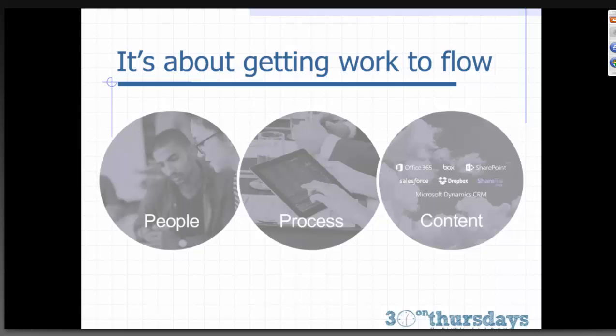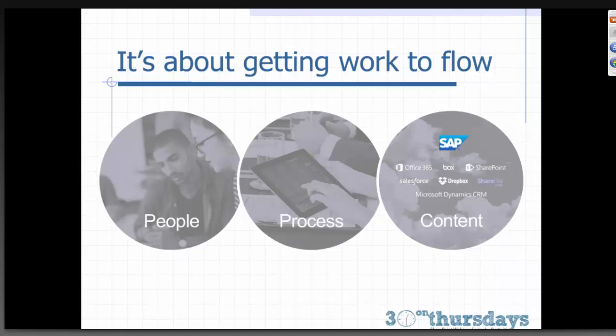You have Office 365 and Box.net and Salesforce and Dynamics CRM, and it's important to have access to all of that in the process and the workflow as you go through. In particular, what we're going to talk about today is how you can leverage content that you have in SAP and use it as part of your Nintex workflows and your SharePoint workflows.